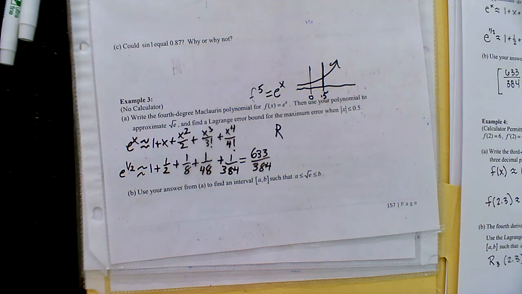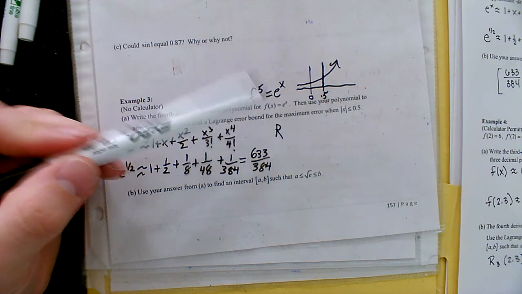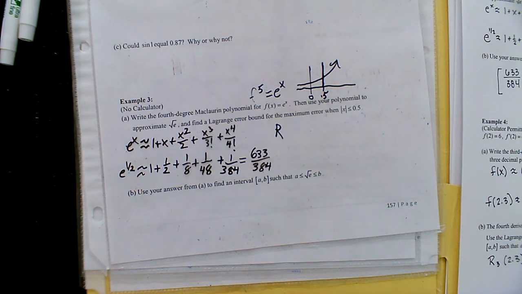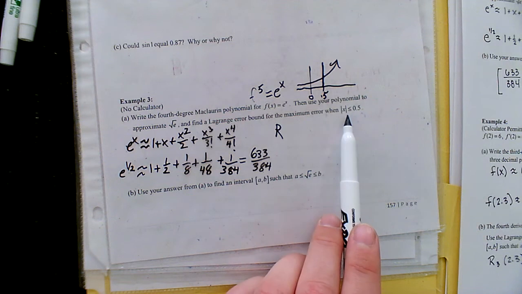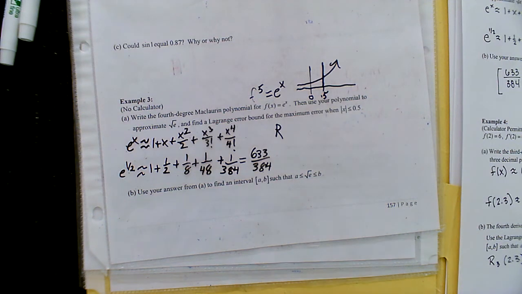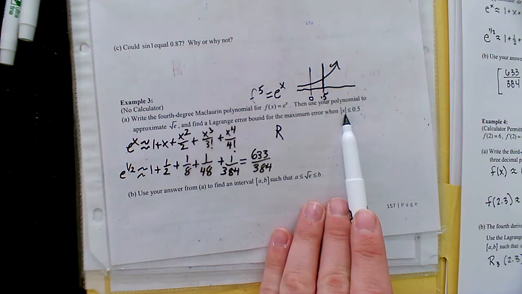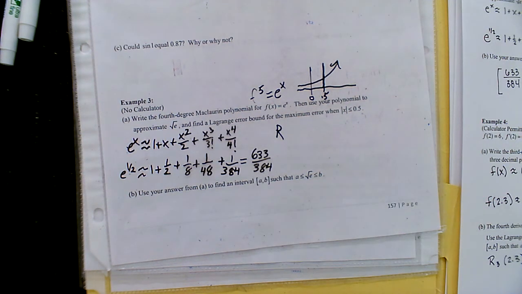I guess it doesn't change the outcome. I'm just wondering. Yeah, it's probably dependent on the function. If it was a function where it would matter, they probably wouldn't have had the absolute values. But in terms of e to the x, like you said, we know they're all less than 0.5. So that's probably why in this particular question they're saying the absolute value of x is less. It really doesn't matter. But when we use a different function, there's probably a scenario where we have to use the absolute value, so they're keeping the procedure the same.